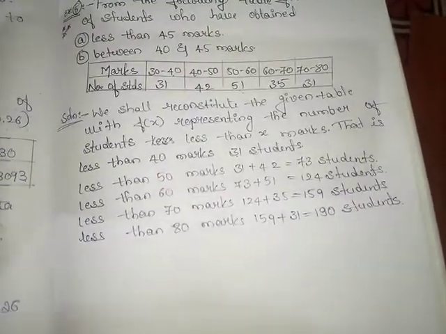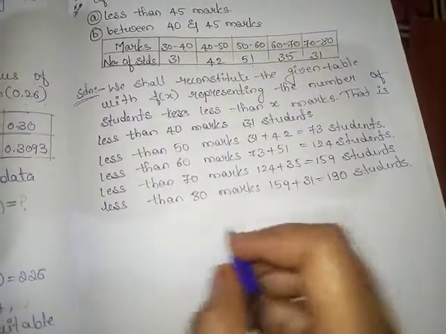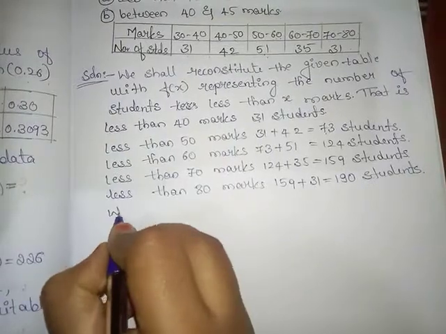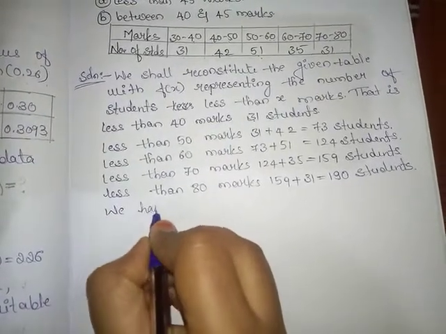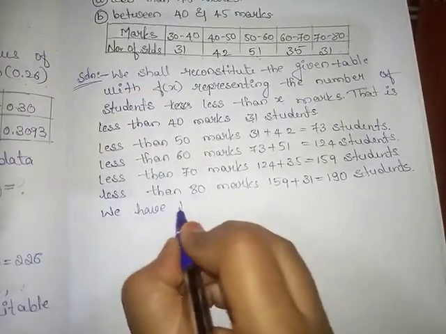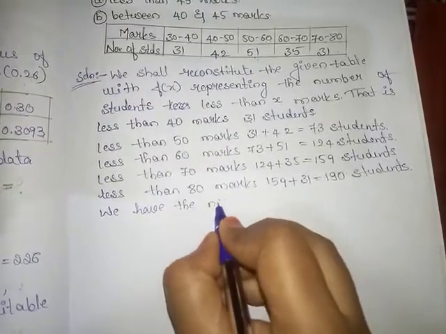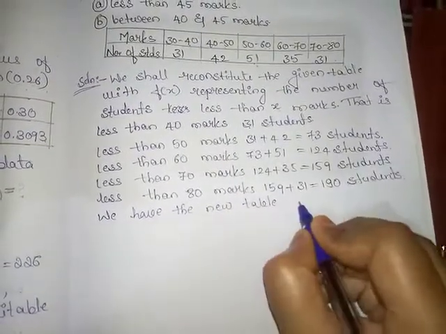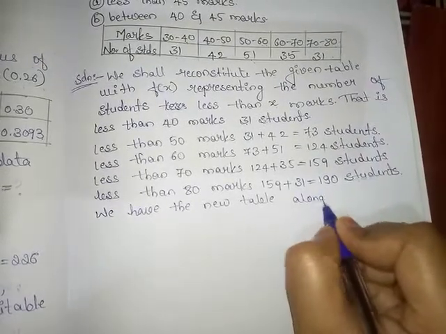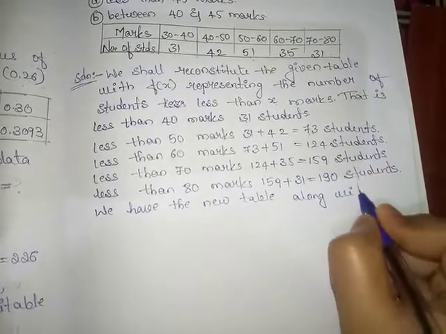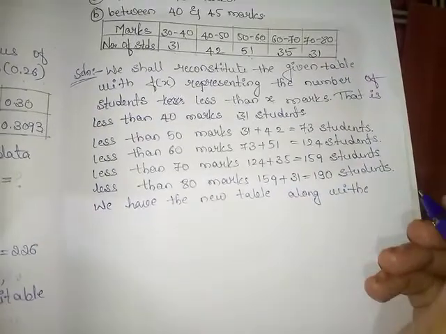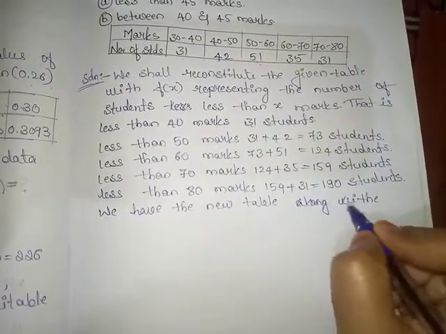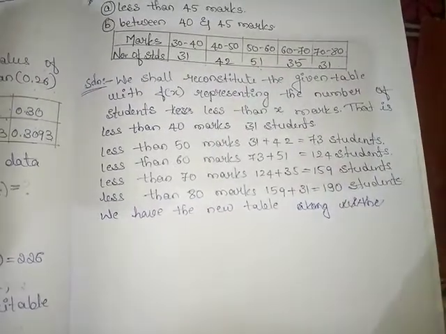Okay, now write the ungrouped table here. First write the new table, after that we will go to the difference table.